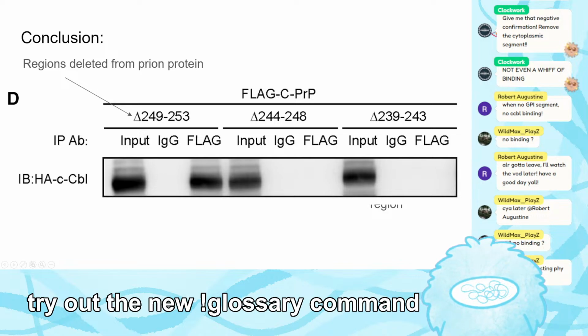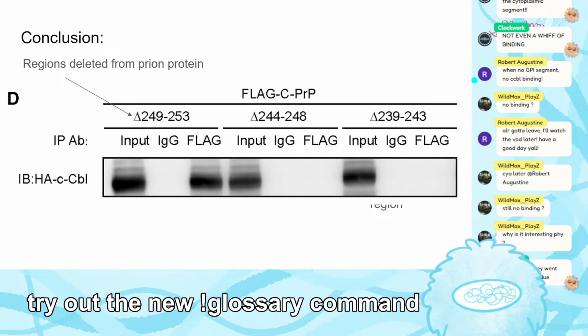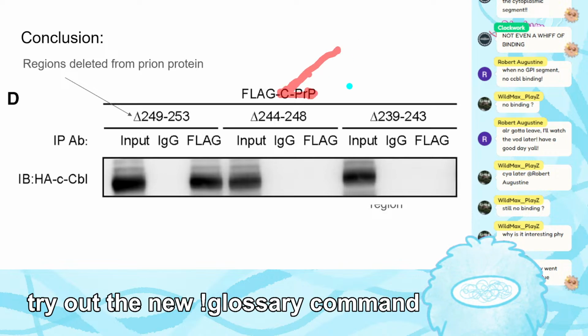So in this first part, you deleted 249 to 253, so you are deleting the end of the prion protein. And here you are deleting the middle of the GPI segment, and here you are deleting the beginning of the GPI segment.